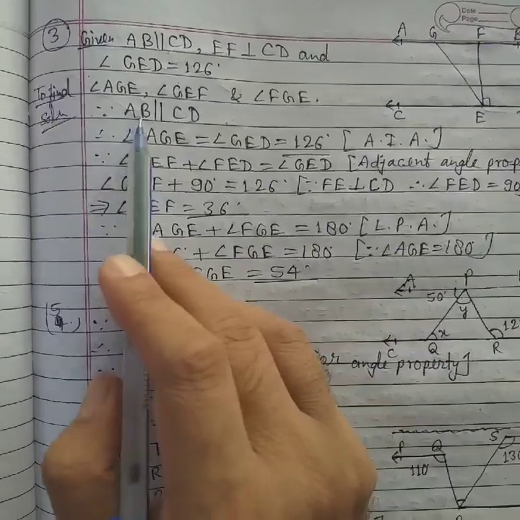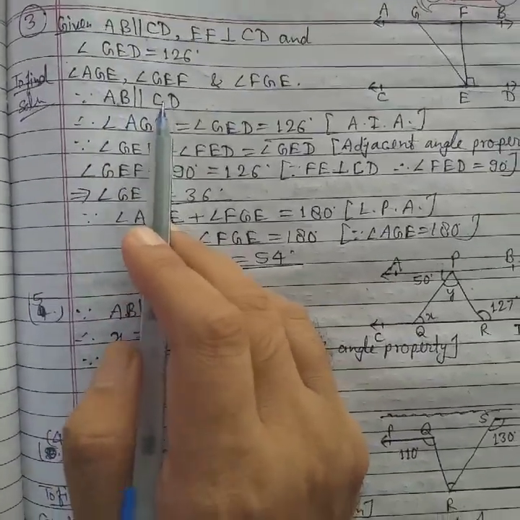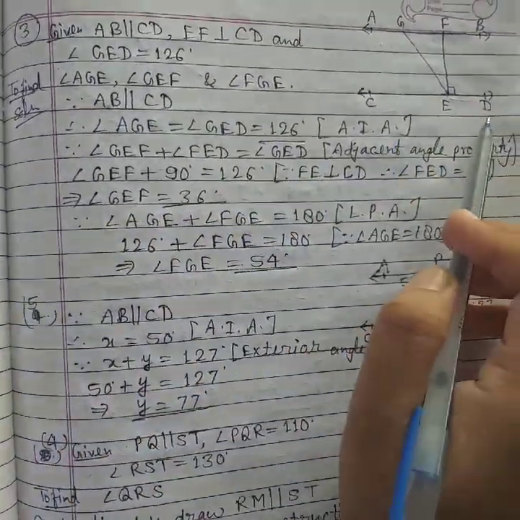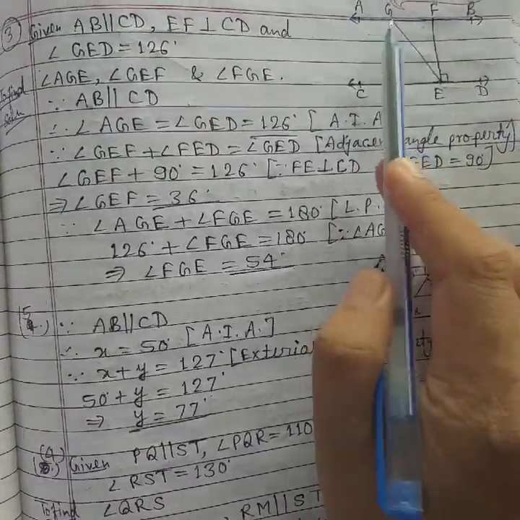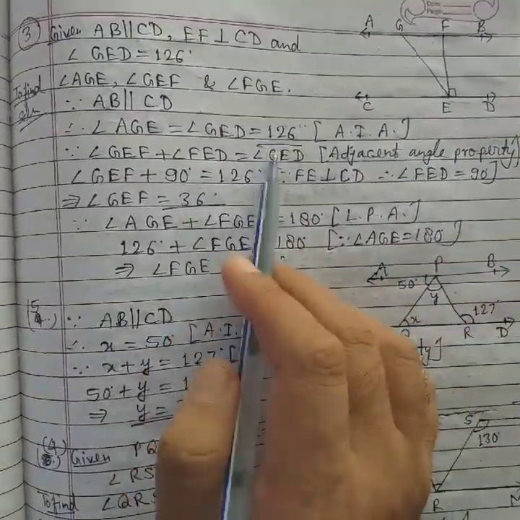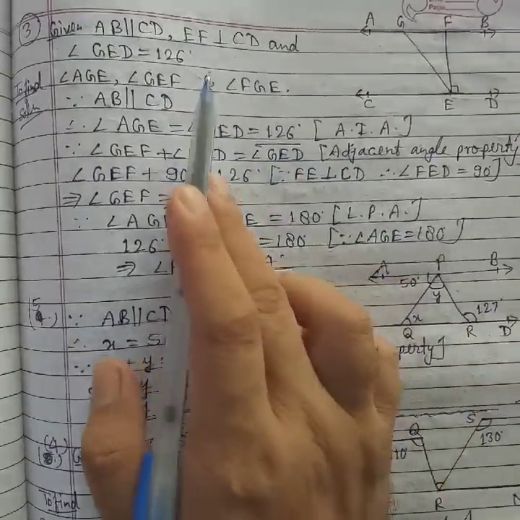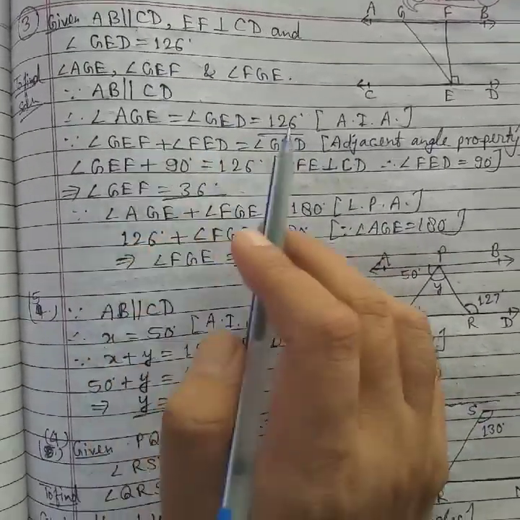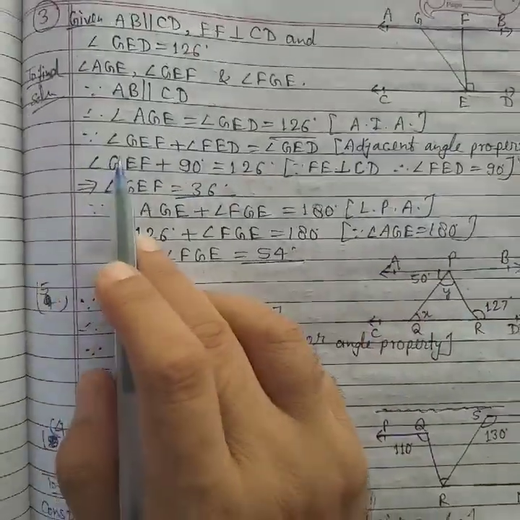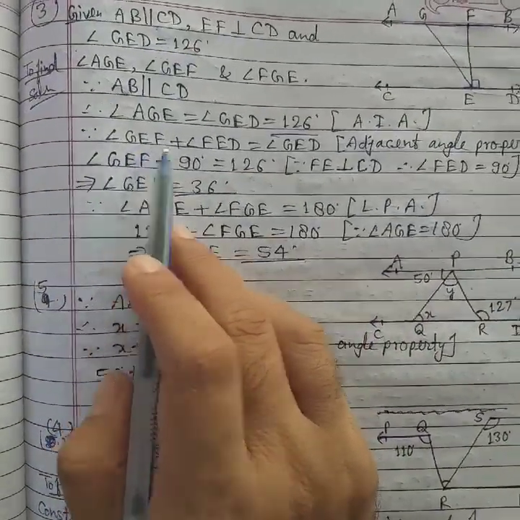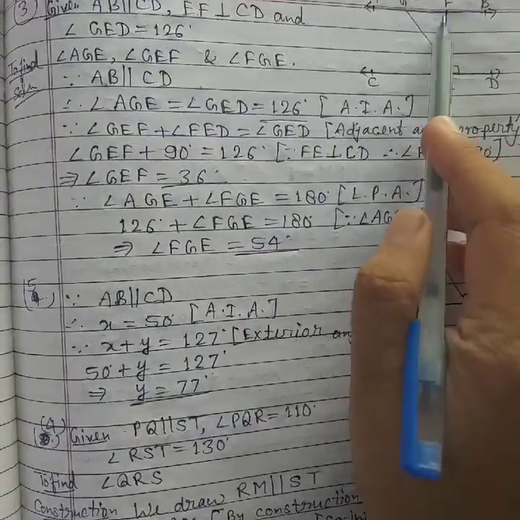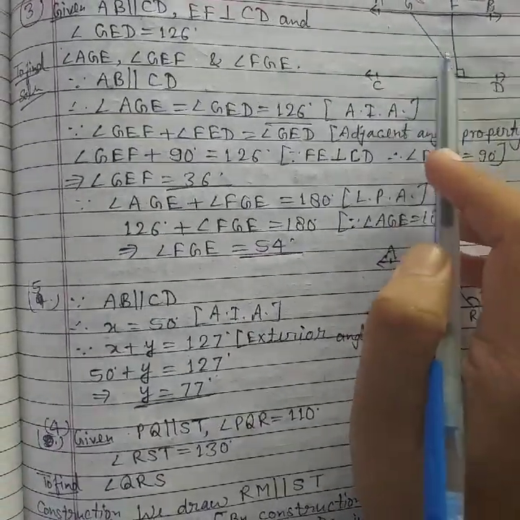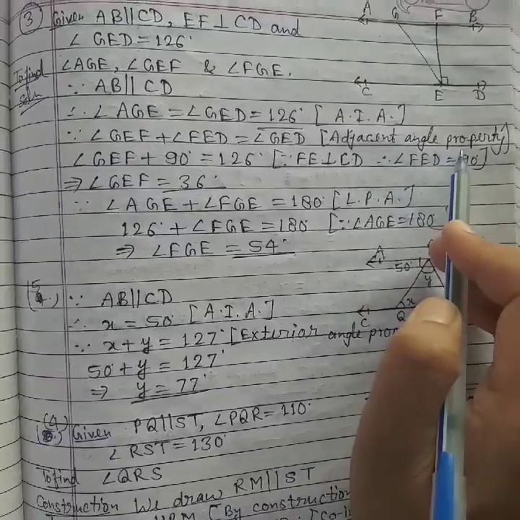Now solution, AB and CD, these two are parallel lines, therefore angle AGE equals to angle GED by alternate interior angles, and GED is given 126, that means AGE is also 126 degree. Now angle GEF plus angle FED equals to angle GED by adjacent angle property.